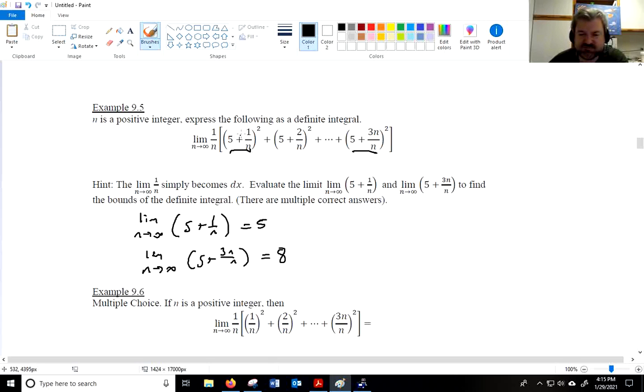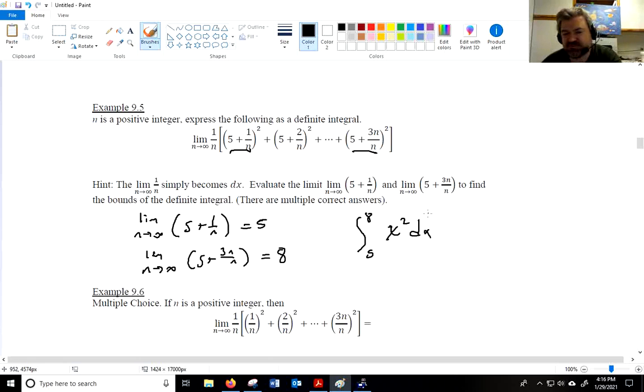So what's happening is we're just squaring every number from 5 to 8 and adding them up. Well, we know how to do that. So that is the integral from 5 to 8 of, what am I doing? Squaring. x squared dx.